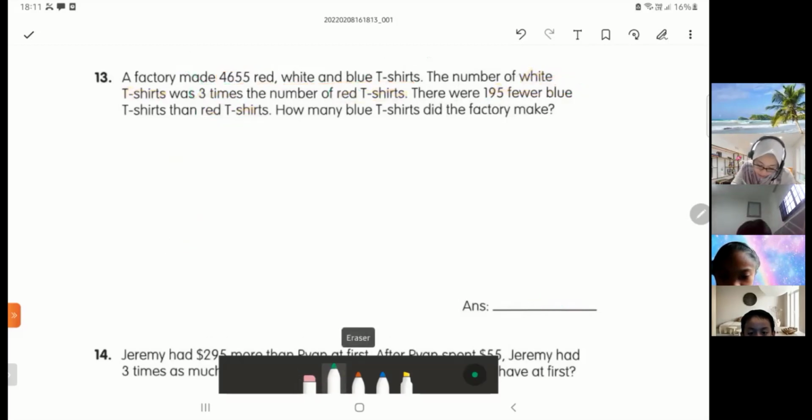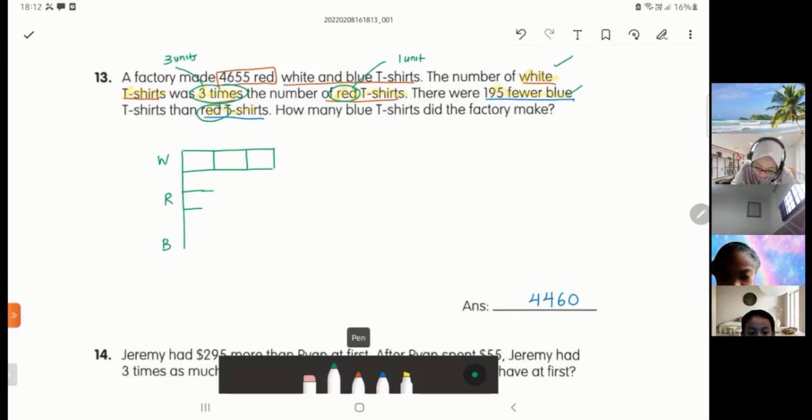Let me draw properly. The blue is shorter than the red, like this. How much shorter? 195 shorter. This part here, the missing part, is 195.